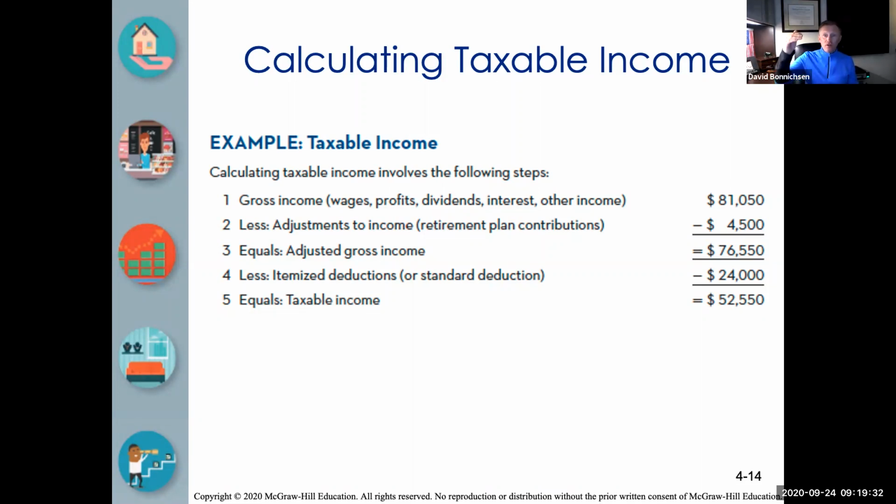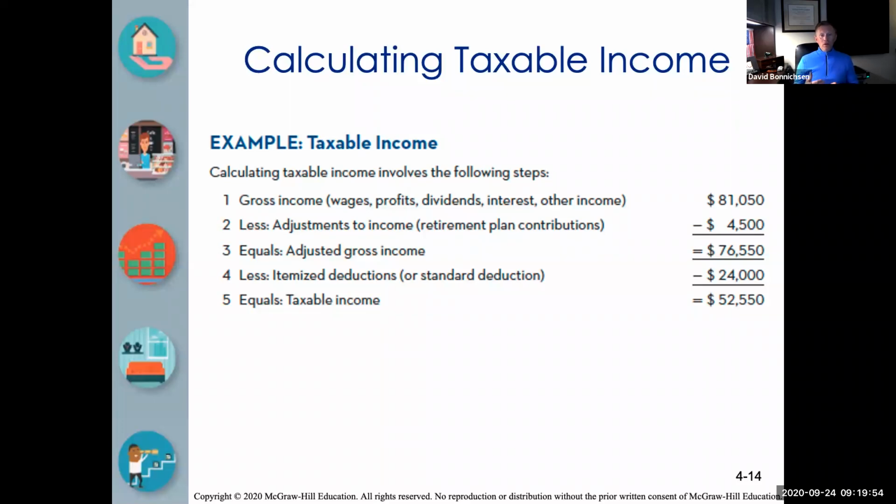So for gross income, we've taken all of our wages, all of our profits, all of our dividends, all of our interest, any other income. That's the 81,050. We've taken all of our adjustments to income that we're going to look at in Schedule 1, totaling 4,500. We can remove that from the 81,050 and we get to 76,550 as our adjusted gross income.